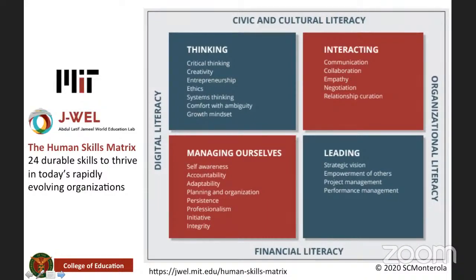And also organizational literacy for us, for example, as faculty members working with one another, although remotely. In the case of our students, it's being able to interact with classmates and still do group work. So it matters. And of course, financial literacy, because there are costs attached to a lot of things.